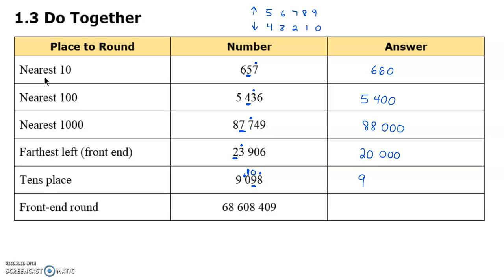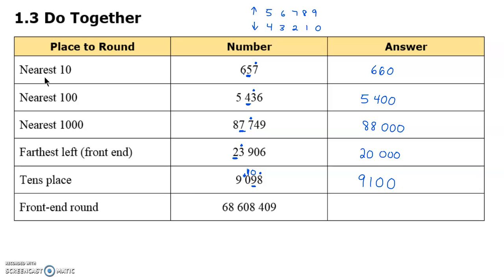The 0 gets added to a 1. The 9 becomes a 0 and the 8 becomes a 0. 9,098 is almost 9,100 if we talk about money. So that's how that one works. Be careful when you have 9s.